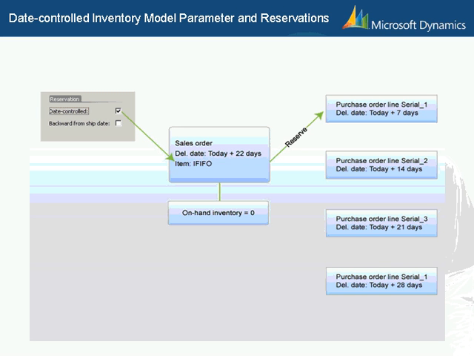In the situation where there are two or more receipts with different delivery dates, with the status ordered, as you see in the picture, which the sales order can be reserved against, the two parameters, date control and backward from delivery date, determine which receipt is reserved against. So if top, then date controlled option is active.